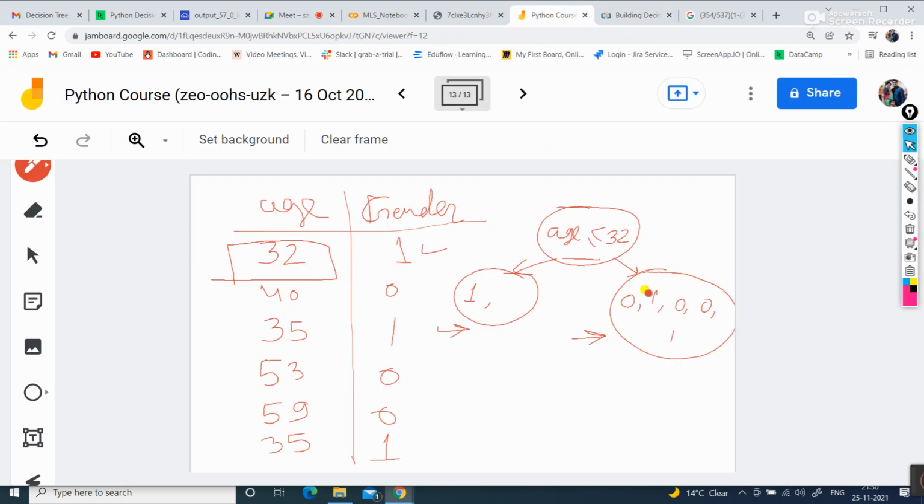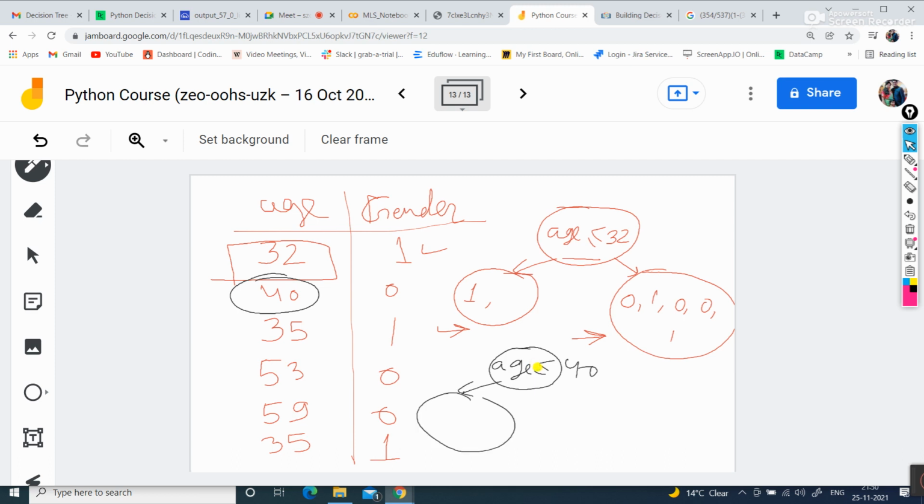Can you see the right hand side? That is the dilemma condition. So what I will do is create one more threshold value. At the root I will choose the next value, 40. Less than 40 will go on the left hand side.